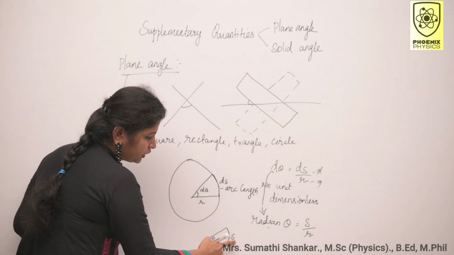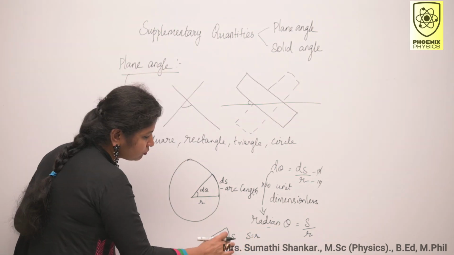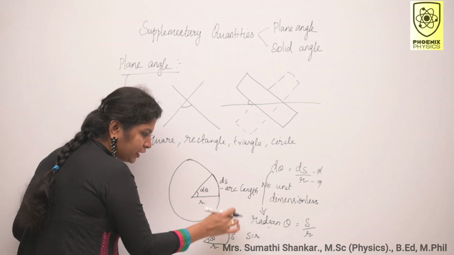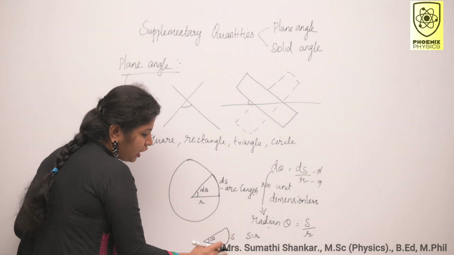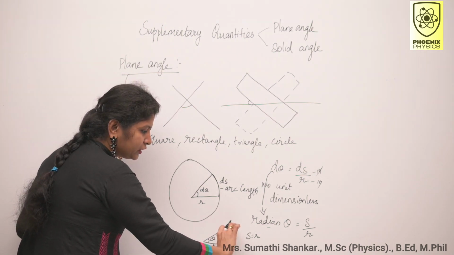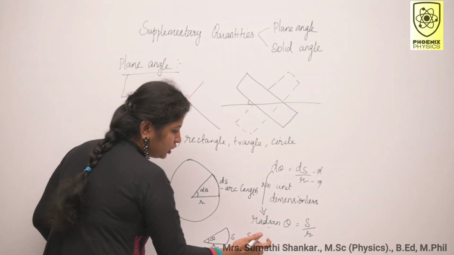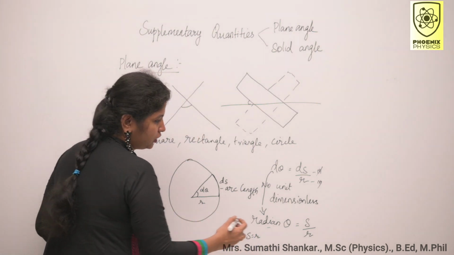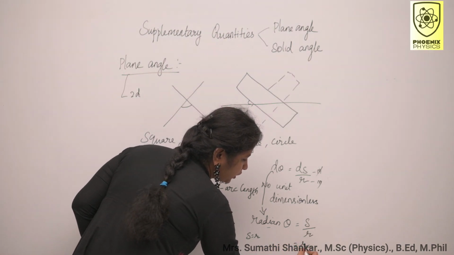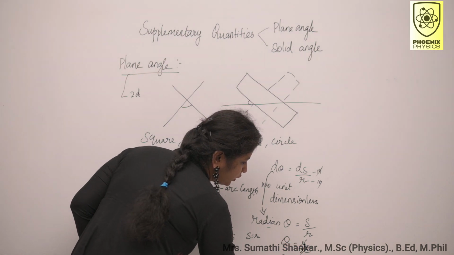Suppose s is equal to r, which means this arc length s is nothing but the radius of the circle. So s is equal to r. Substitute this in the equation. So r by r cancels out, and theta will be 1 radian.